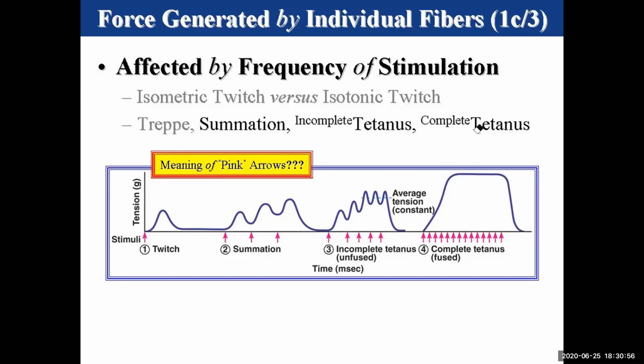And then complete tetanus means the stimulation is so close in time that the contractions basically become fused into one continuous contraction. And this is what gives rise to smooth body movements, the complete tetanus.